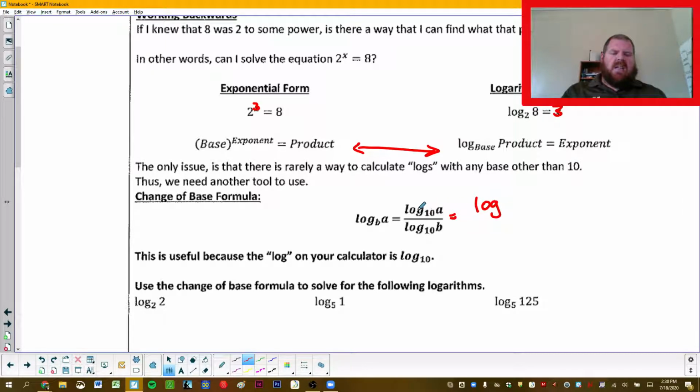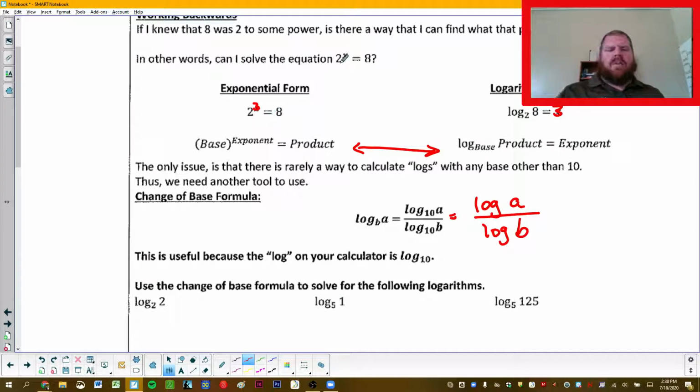If I take the log with a base 10 of a over the log of base 10 of b, that's going to give me the same result, okay? And that's why this is useful, because the log on your calculator is log of base 10. It's what we call the common log, all right?